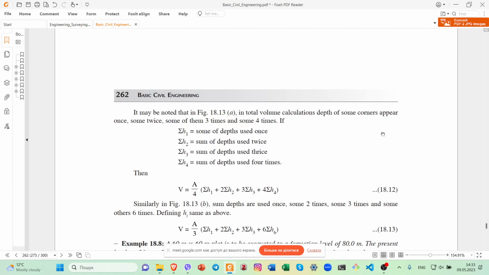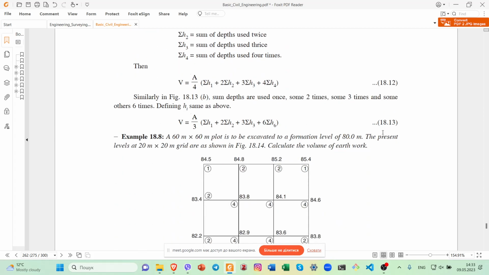and finally, you can calculate this area.